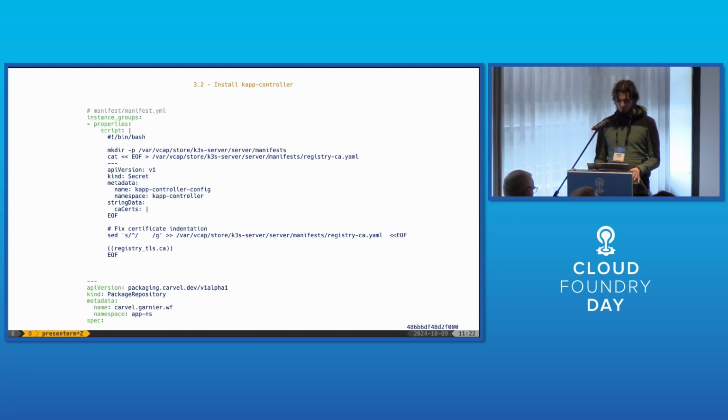So I added an additional file to the K3S manifest directory just to get that in. Sure, it works, right? This could be improved, but if it works, I guess.